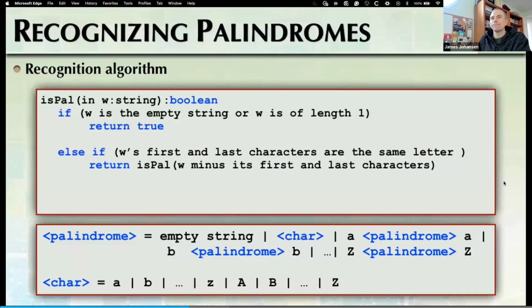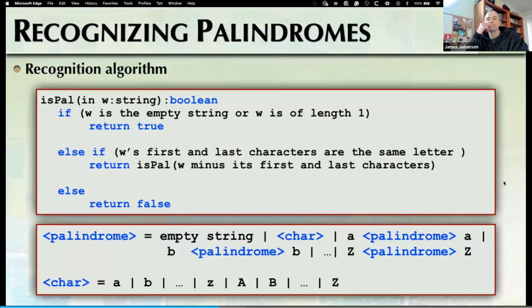We first check to see if the first and last characters are the same. If they are, then we remove those characters and check to see if what's inside is the same. Otherwise, we return false because the first and last characters don't match. So this simple algorithm will help us recognize a palindrome. If we have an empty string or a single character, it's a palindrome. Otherwise, we compare the first and last characters.